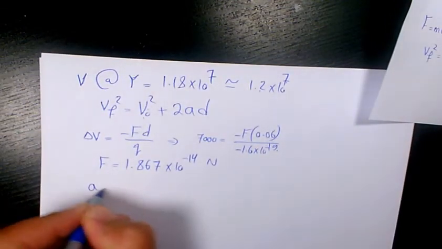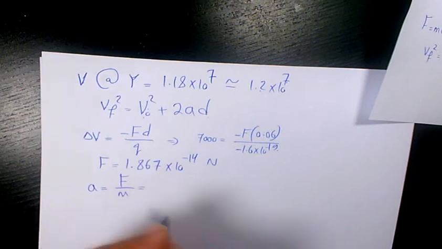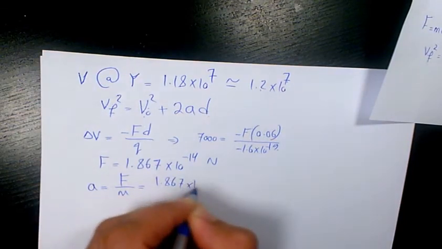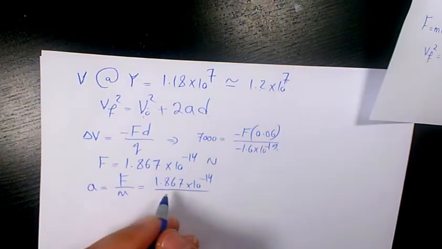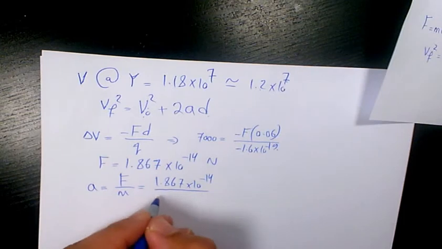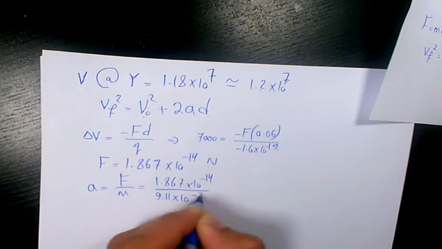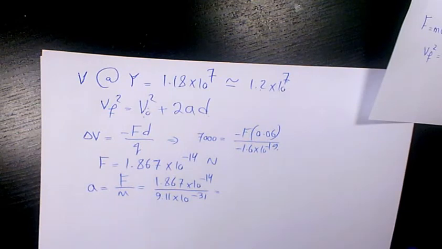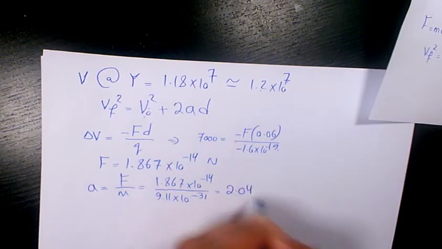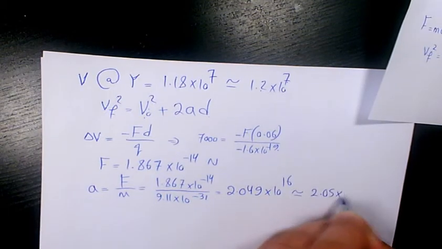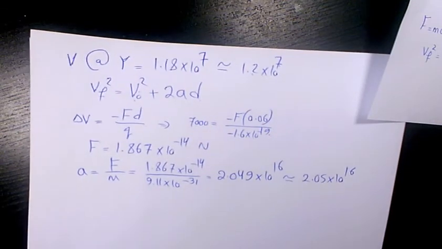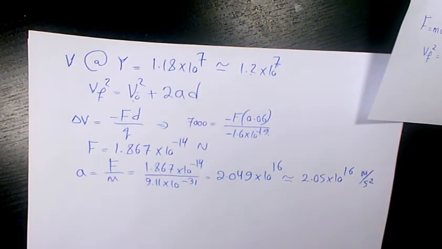So A, the acceleration, is F divided by M, which is 1.867 times 10 to the power of negative 14 divided by 9.11 times 10 to the power of negative 31, the mass of the electron. That's 2.049 times 10 to the power of 16, approximately 2.05 times 10 to the power of 16 meters per second squared.